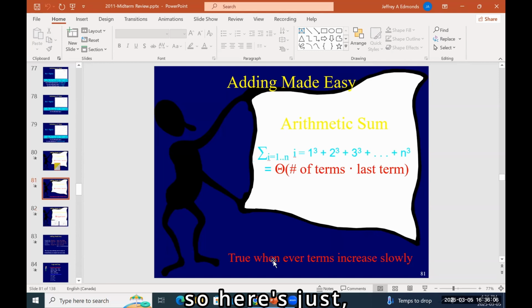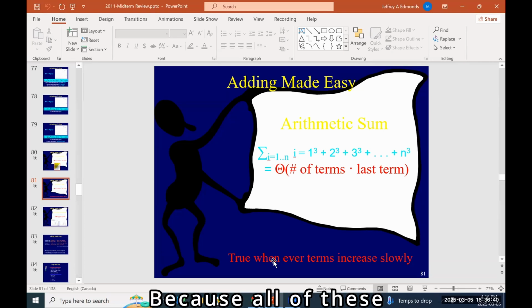So here's just, if I'm summing this number plus this number plus this number plus this number, right? Up to this number. And the middle number, right, is around the last divided by 8. Then more or less the sum is the number of terms times the last term.